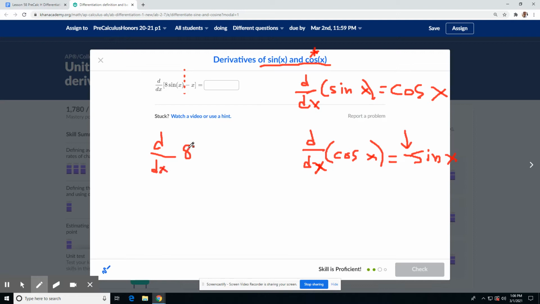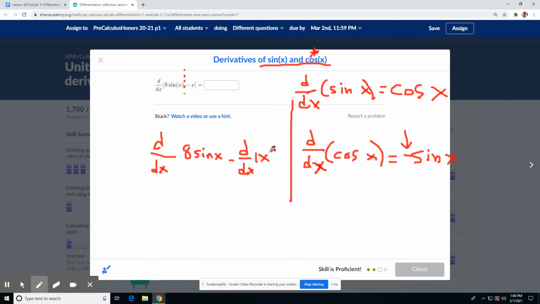The derivative of 8 sine of x, and we're doing the derivative of x, right? So up to you how you want to do it. At this stage, hopefully by now you recognize that the derivative of x is just 1. Since we have that minus sign, it would just be negative 1. But you can kind of go through the process here.